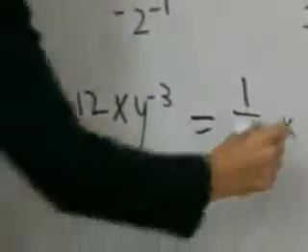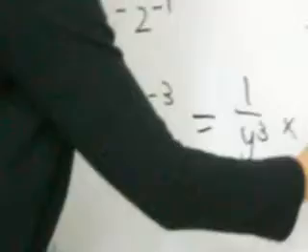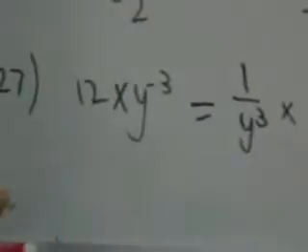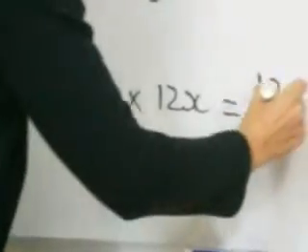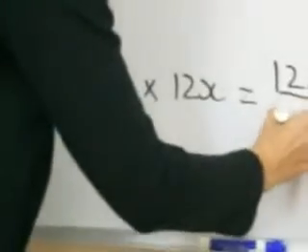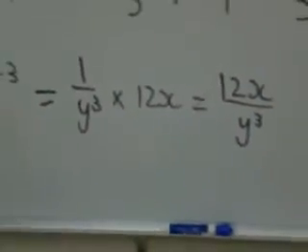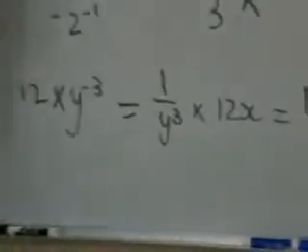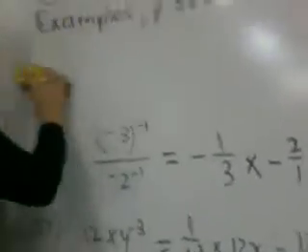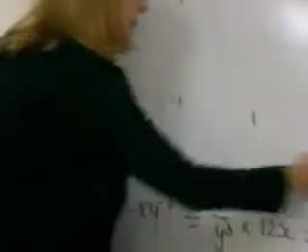That is multiplied then with 12x. That means then the same as 12x over y to the power of 3. Okay? So in order to fit more in, I'm going to just erase this. We're going to do 3 more questions in this little movie.